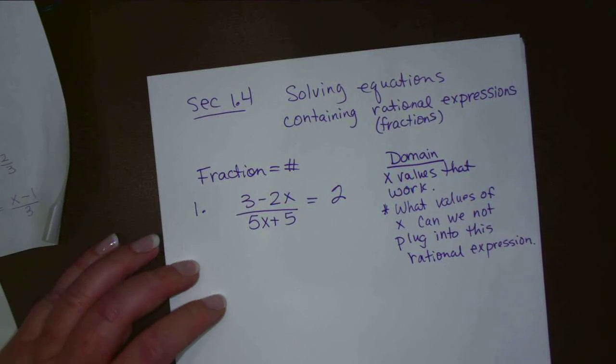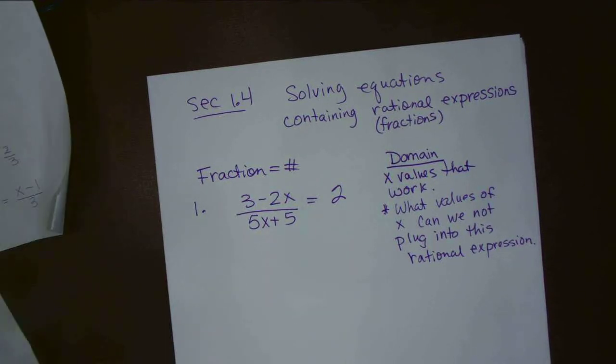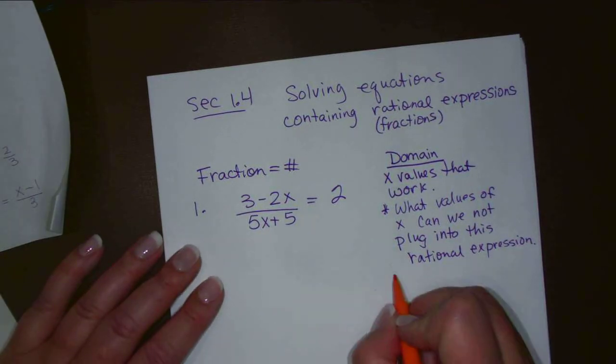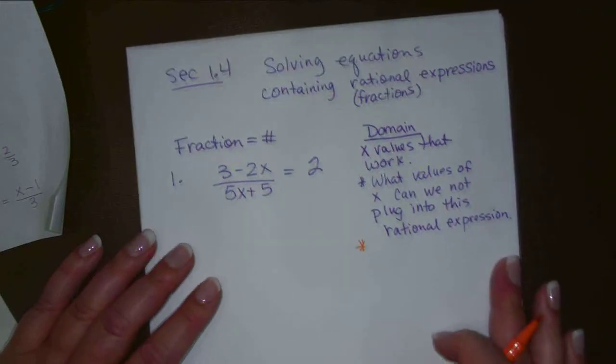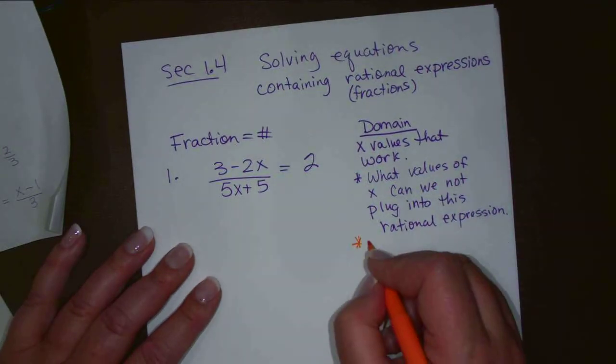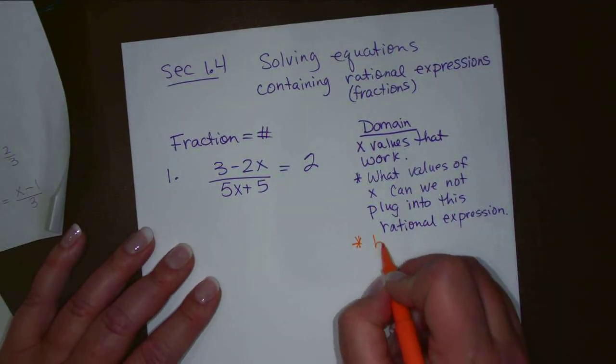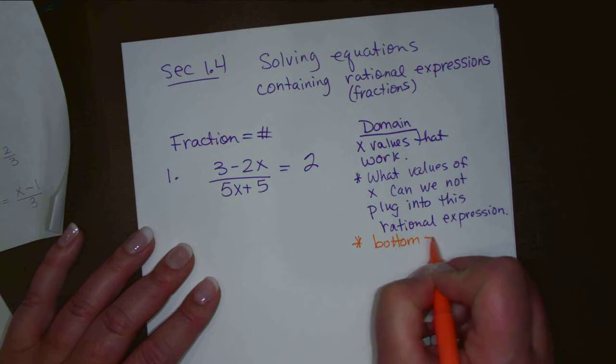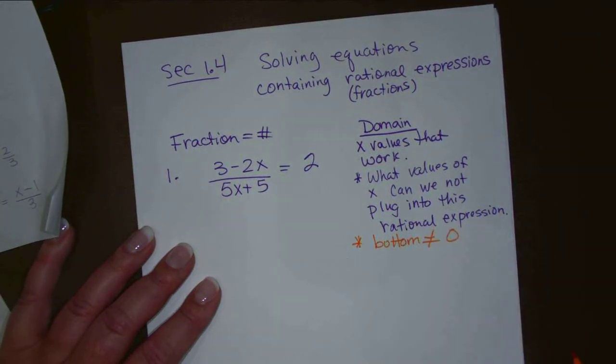So with a fraction, how do we know what numbers we can't plug in? Exactly. Whatever makes the bottom equal 0. The bottom of a fraction, or the denominator, cannot equal 0. Do you agree with that? Because we can't divide by 0, or it's undefined.